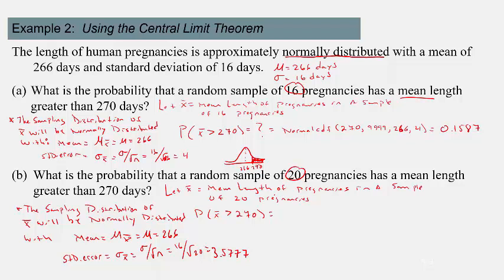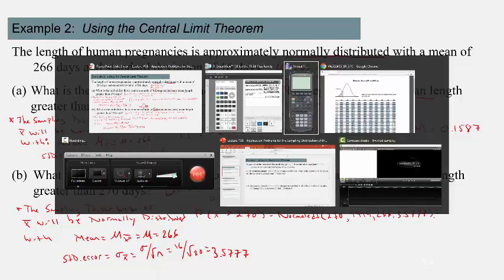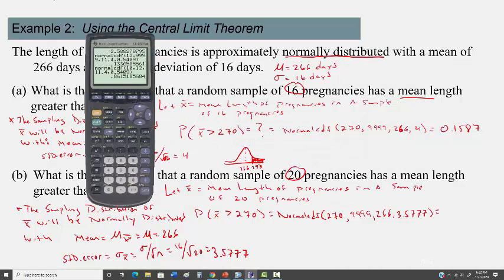So the only difference between these problems now is when I go normal CDF, again it's going to be 270 to 9999. The mean is 266, but now the standard deviation, it was 4, but now it's 3.5777. So I'll go to this calculator now.